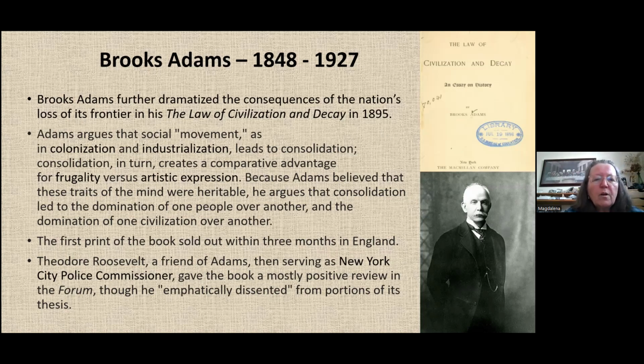Consolidation, in turn, creates a comparative advantage for frugality versus artistic expression. Because Adams believed that these traits of the mind were heritable, he argues that consolidation led to the domination of one people over another, and the domination of one civilization over another.